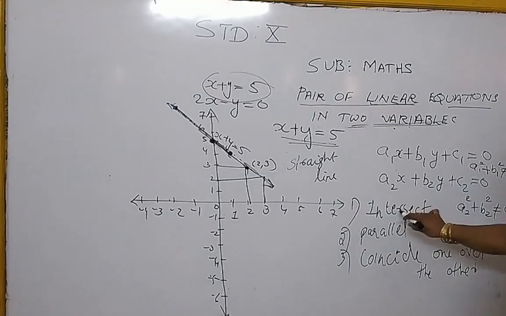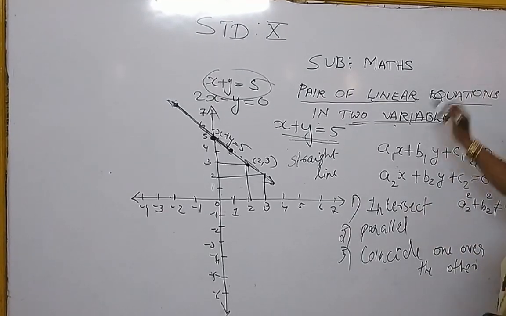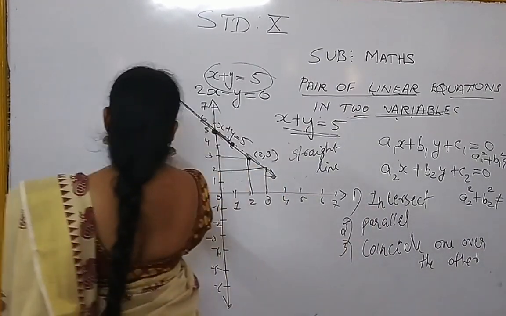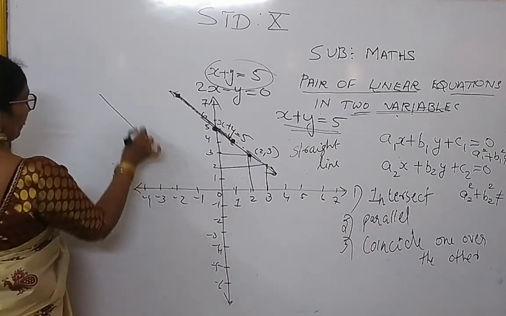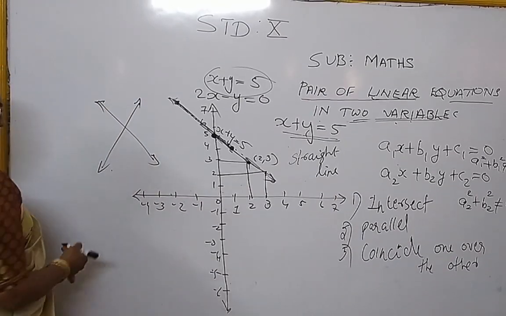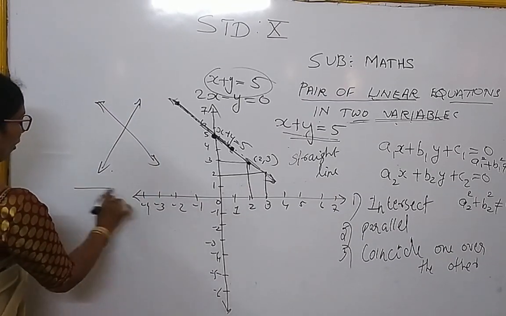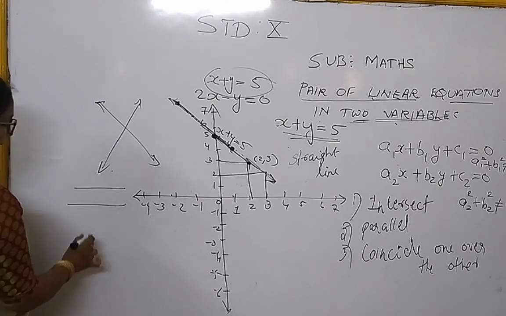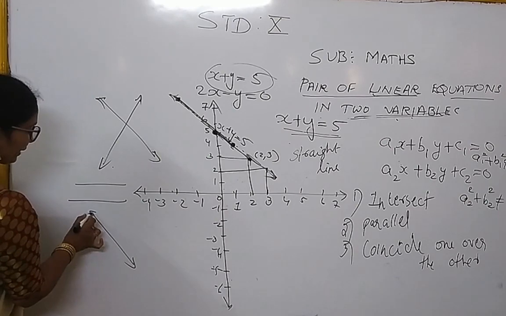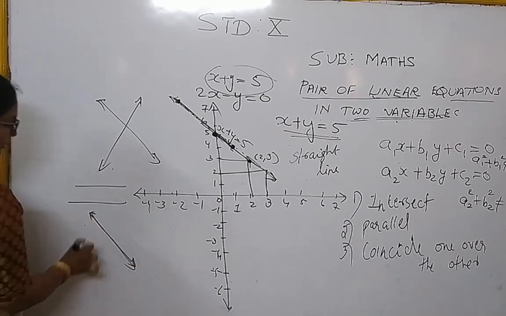Intersecting means it can be like this way, at one point. These lines can intersect like this way, or the lines can be parallel like this way, or the lines can coincide, one over the other.